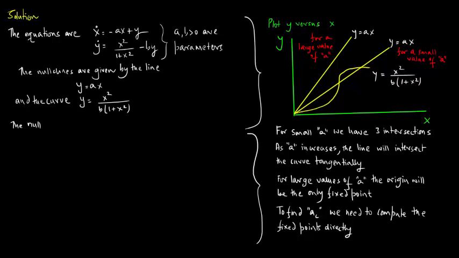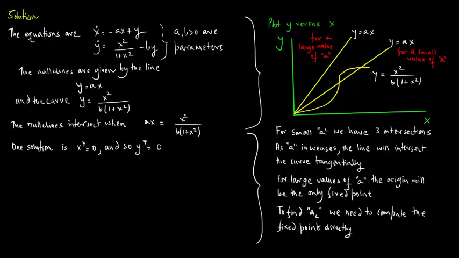Now note that the null lines will intersect when ax is equal to x squared divided by b times 1 plus x squared. So one solution is x star is equal to 0, and so y star is equal to 0.